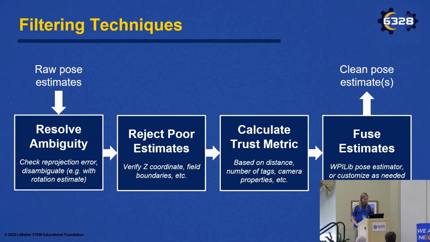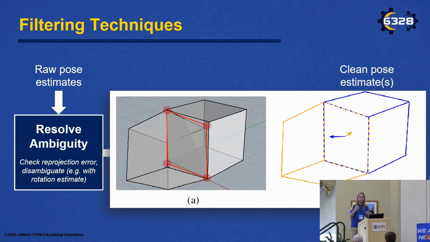Now, there are a lot of techniques you'll see here. Here's a quick summary of the most common that we see in terms of good filtering algorithms. First, for 3D solvers, you need to resolve any of those ambiguous estimates I talked about. You can check the relative reprojection error, so the quality of those two measurements.